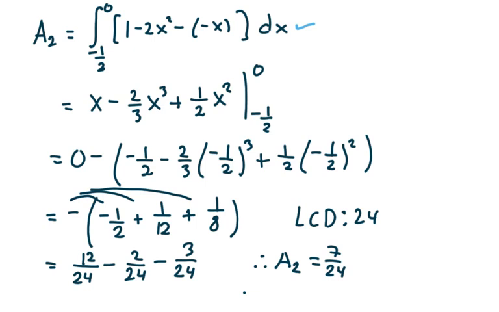Plug 0 in for x, I get 0. Plug negative 1/2 in for x, I get negative 1/2 minus 2/3 of negative 1/2 cubed plus 1/2 of negative 1/2 squared. And so when I solve, I get 7/24. And that's how we find A2.